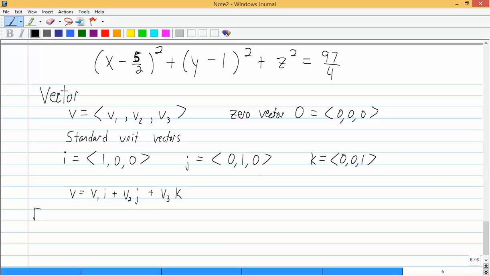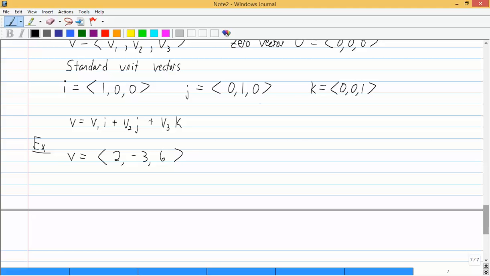For example, if I have a vector v equal to 2, negative 3, 6, then I could write a linear combination of those three components. You could write it as 2i minus 3j plus 6k.